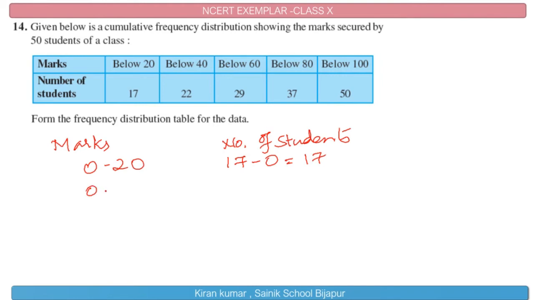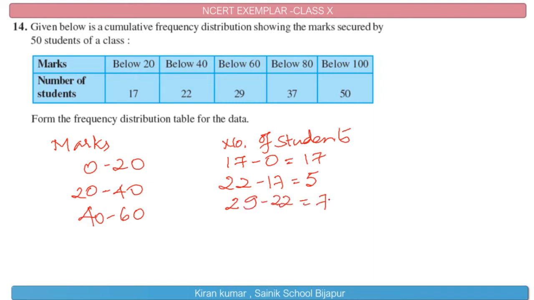When the class interval is from 20 to 40, it is 22 minus 17, which is 5. 40 to 60, it is 29 minus 22, which is 7. 60 to 80, it is 37 minus 29, which is 8.